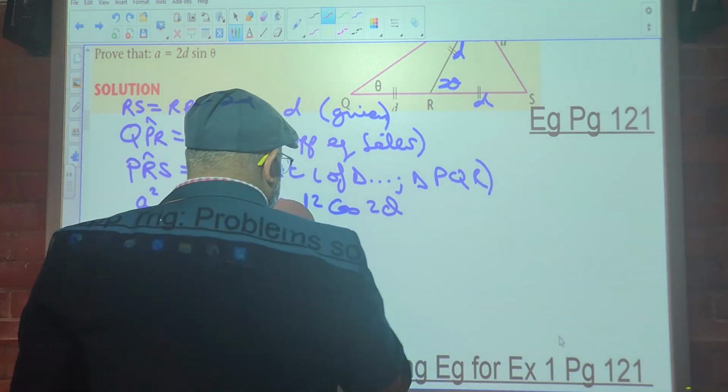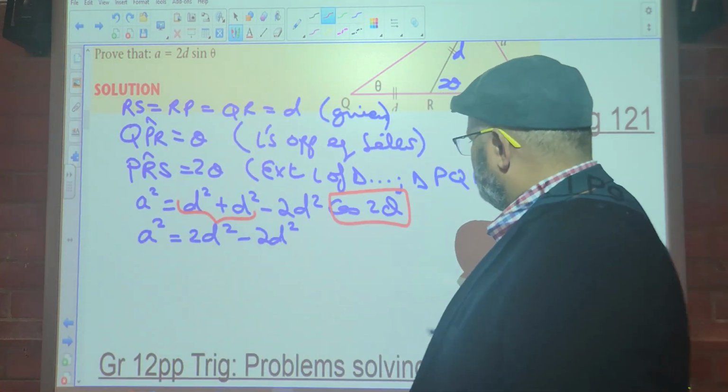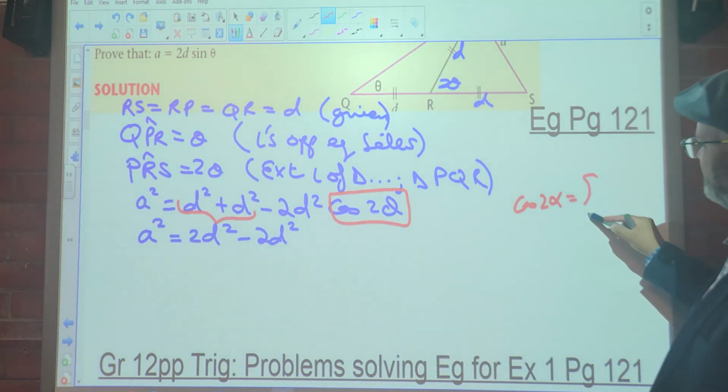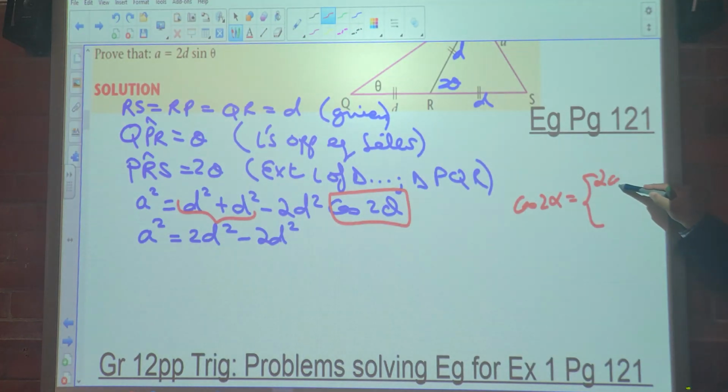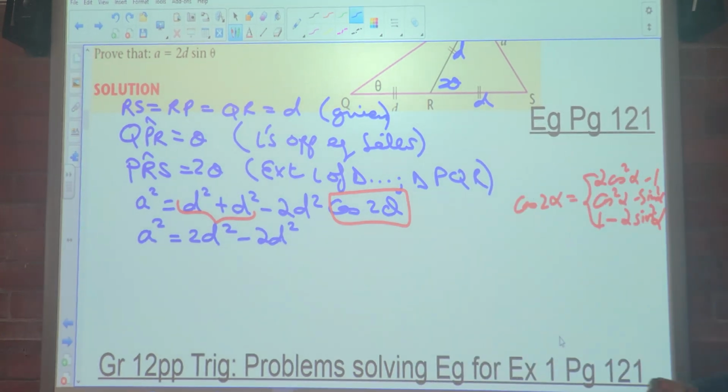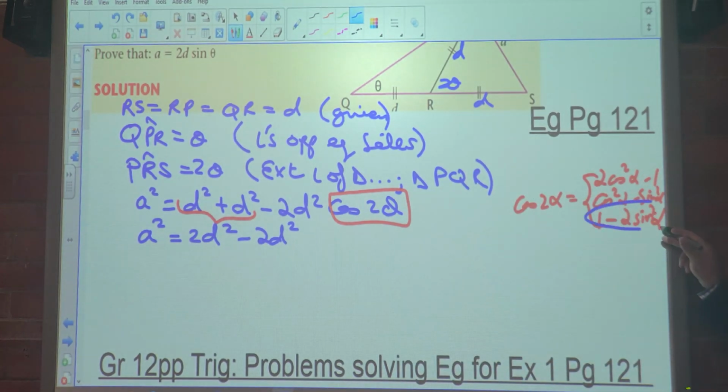But remember, cos 2 alpha can be written as one of 3: 2 cos squared alpha minus 1, cos squared alpha minus sine squared alpha, and 1 minus 2 sine squared alpha. Which one of the 3 do you think we're going to use? The sine. Why the sine?